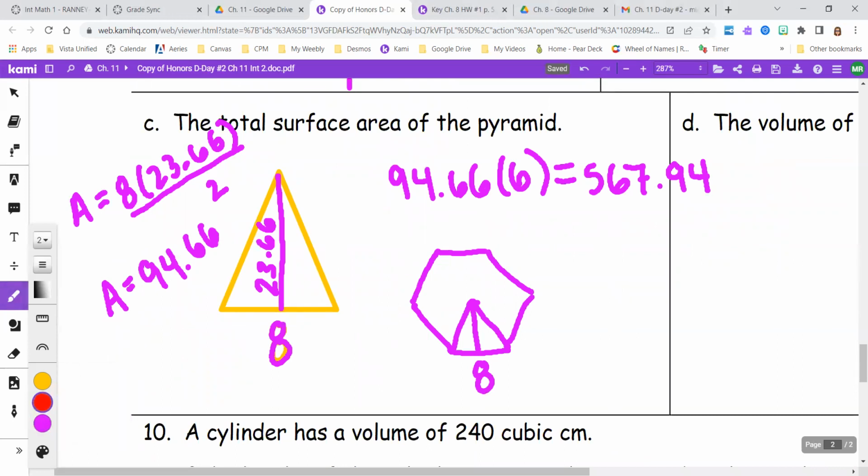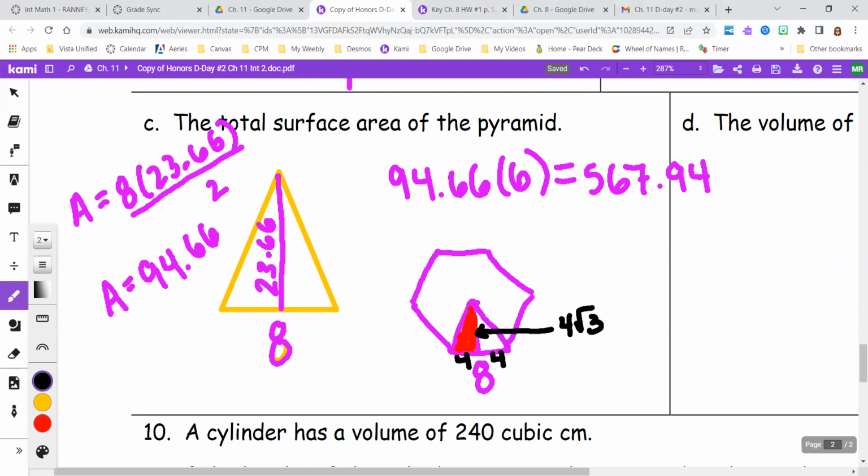So this is going to become a 30, 60, 90. This piece right here is a 30, 60, 90. So what that means is this right here is 4, because this is also 4. And then that height here is going to be a 4 root 3 because of a 30, 60, 90.